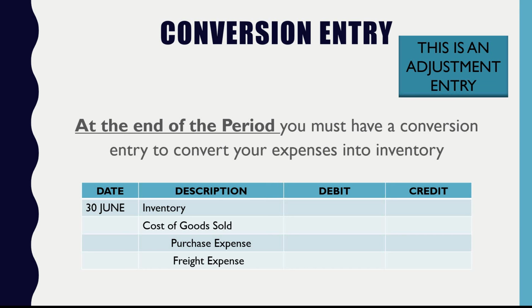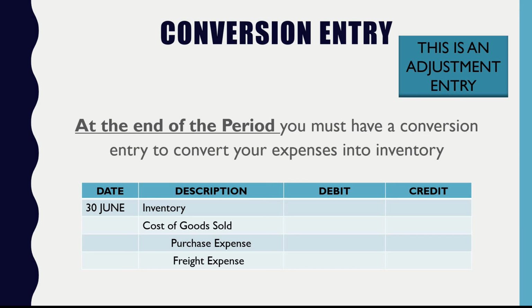So when we finally go down to the basement and realize that we actually have 80 items left on hand, this is where you need to create a conversion entry. What this conversion entry does is take your expense and convert it into your asset, your inventory itself. So this is called an adjustment entry.